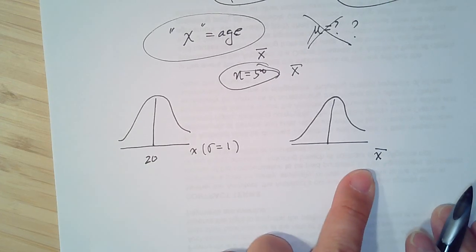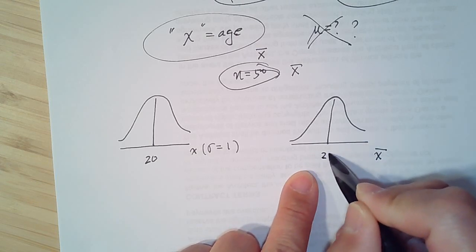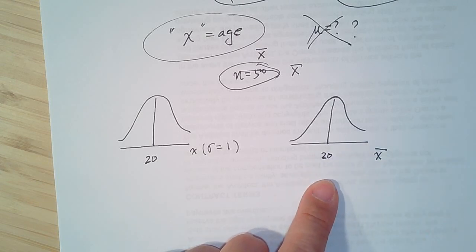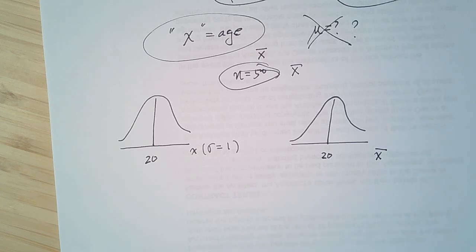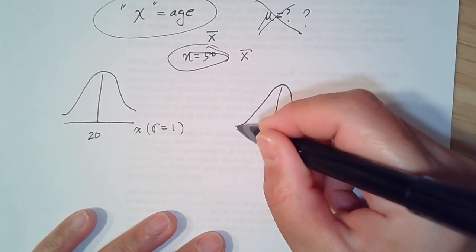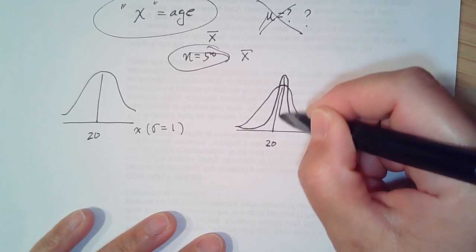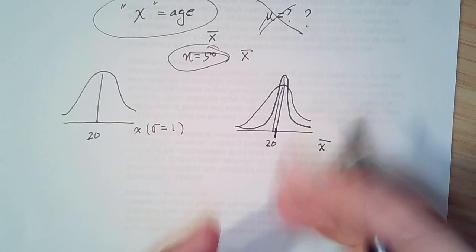I get all the x bars. What do you think the mean of the x bars is? It should be also 20, right? But what about the standard deviation? Because remember, each time your x bar is already getting closer to the actual mean. And each time it gets closer. So if you want to draw them, it's going to be really focused, really close to the middle, right?